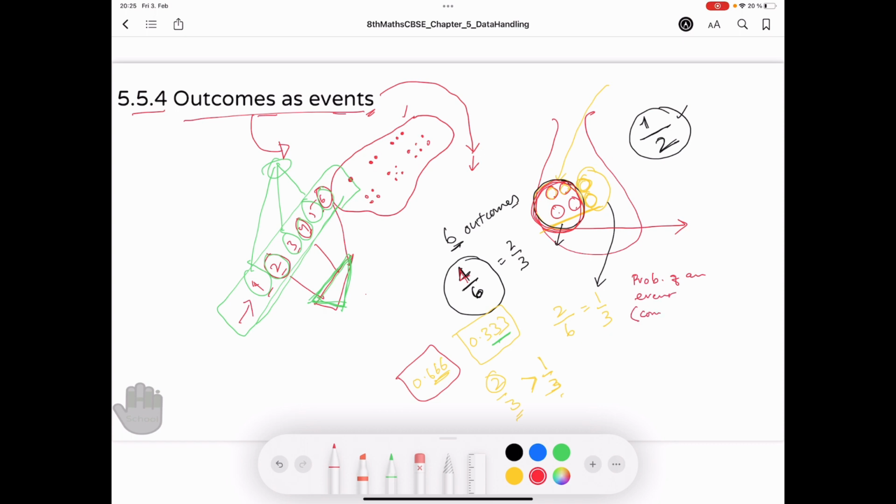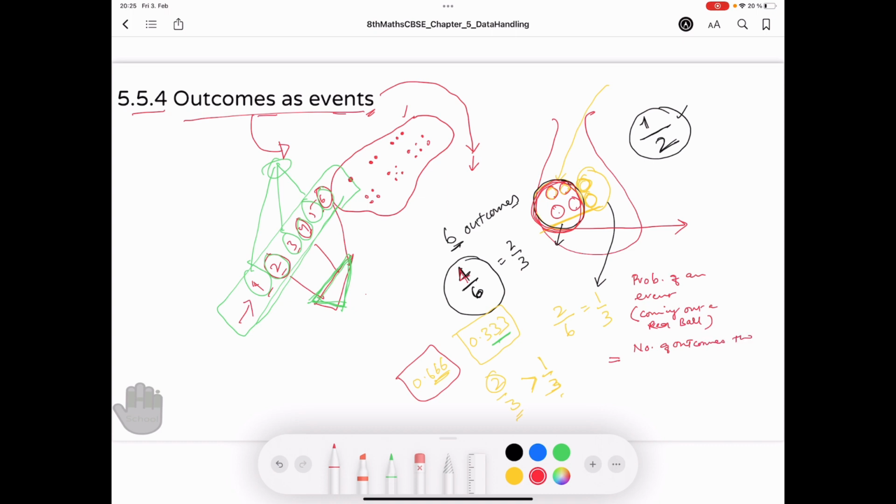Coming out a red ball. The probability of an event is the number of outcomes that make the event, here 4 red balls, divided by the total number of outcomes, which was 6 because there were 6 balls in the bag.